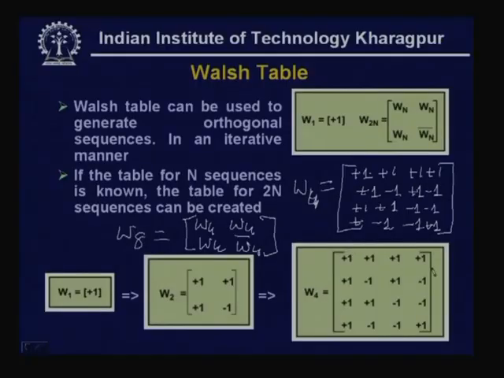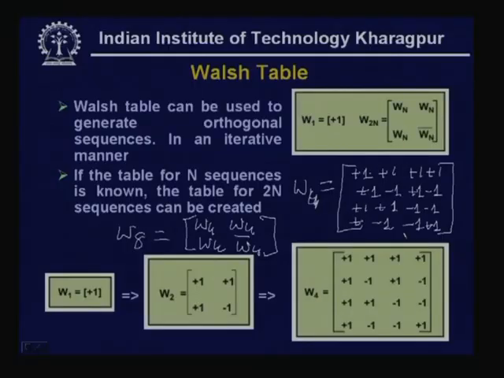So this can be used for the purpose of CDMA, and the codes can be generated very easily. These sequences can also be generated by using a linear feedback shift register, as I have already told. So we have seen how the chip sequences can be generated in a very convenient manner by using the Walsh table.